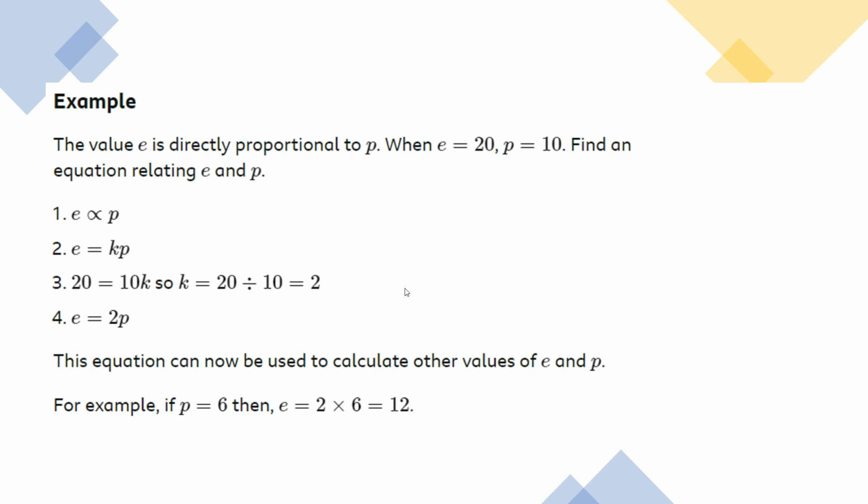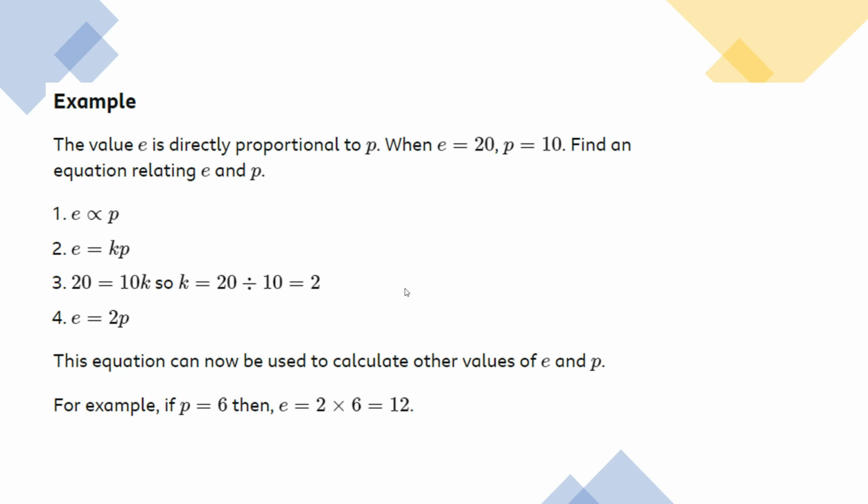Find the equation relating E and P. So the first step: E is directly proportional to P, we write it as E, the proportionality sign, and P. Now to get rid of the proportionality, you replace it with equals and a value K, which is a constant. Now replace E with 20 and P with 10, so you will get a linear equation, and rearranging it, you will get the value of K as 2.